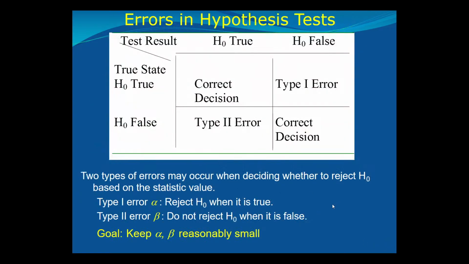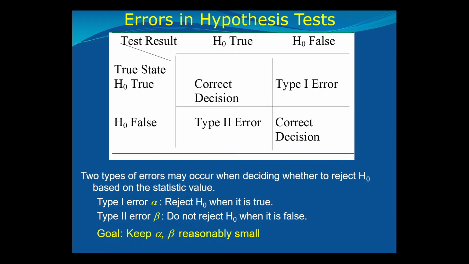At this slide, you see these two types of errors in hypothesis tests. Two types of errors may occur when deciding whether to reject H0 based on the statistic value.